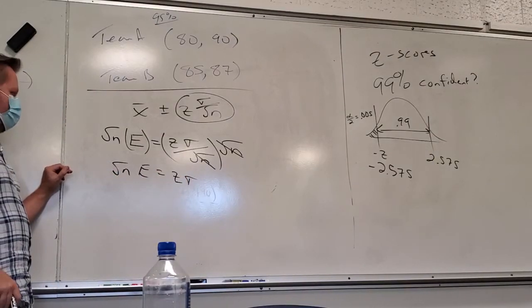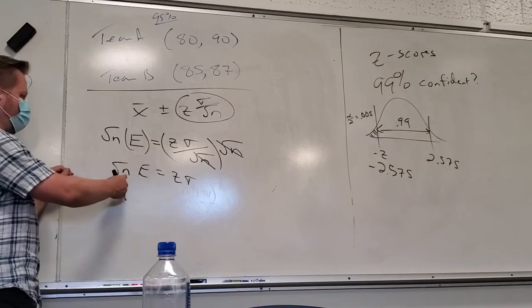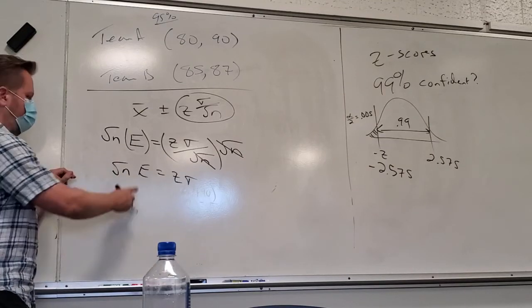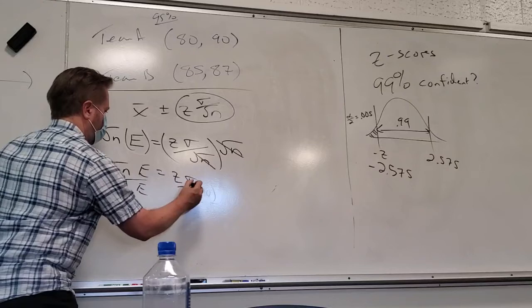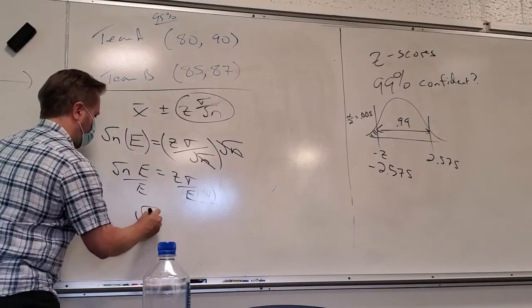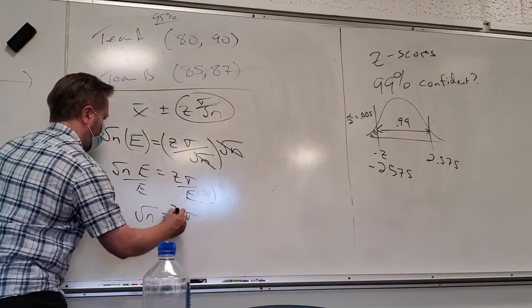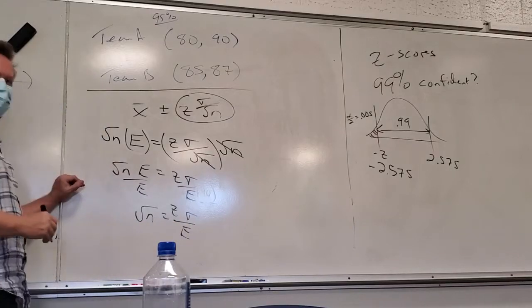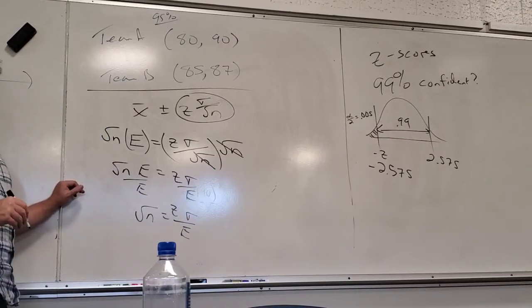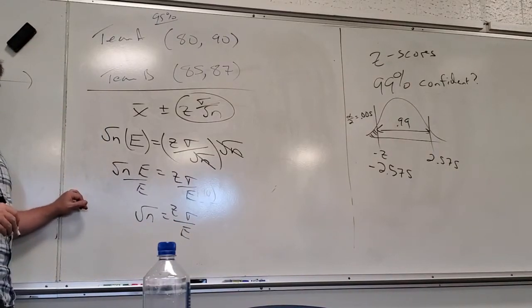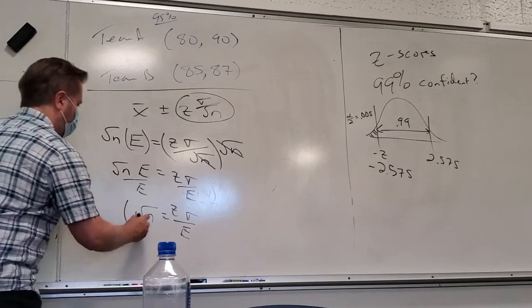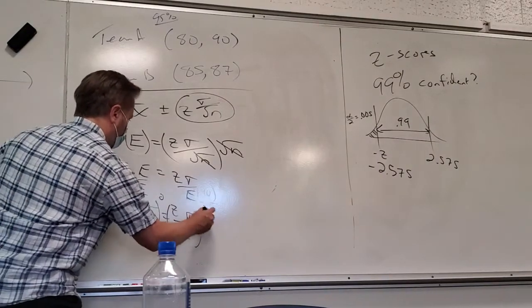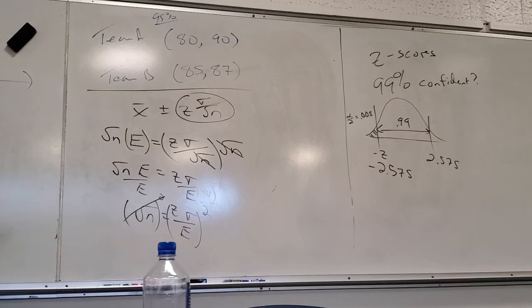Okay. Now, what do I not want over here? E, so let's get rid of E. And then of course the last thing I need to get rid of is the square root of n. How do I kill a square root? You square it, which kills the square root.